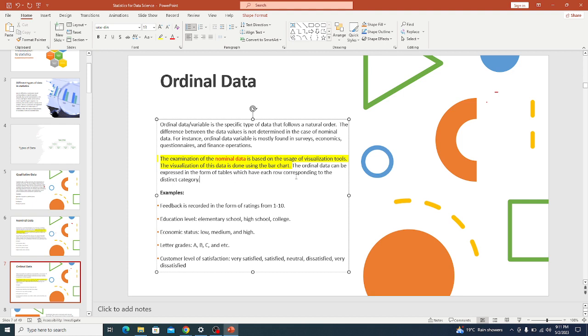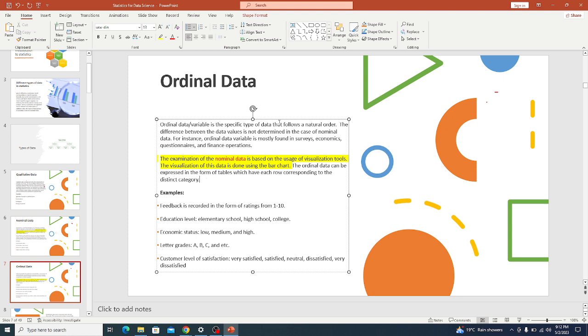But under ordinal, ordinal data can be expressed in the form of tables, where each row corresponds to a distinct category. That is like cross tabulation. I think you've come across cross tabulation, but don't worry about this. I will recheck and also add some notes for clarity before I share the notes with you.